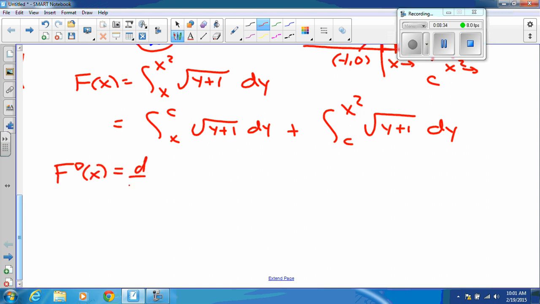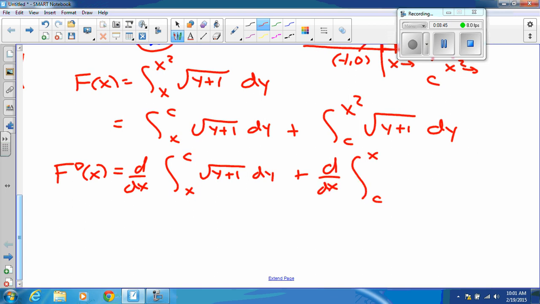F prime of x is going to be the derivative of this whole thing, and I can use the sum rule to differentiate a term at a time.